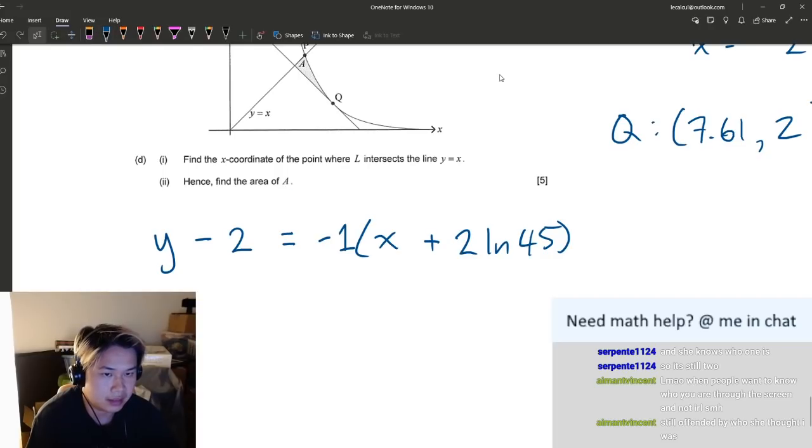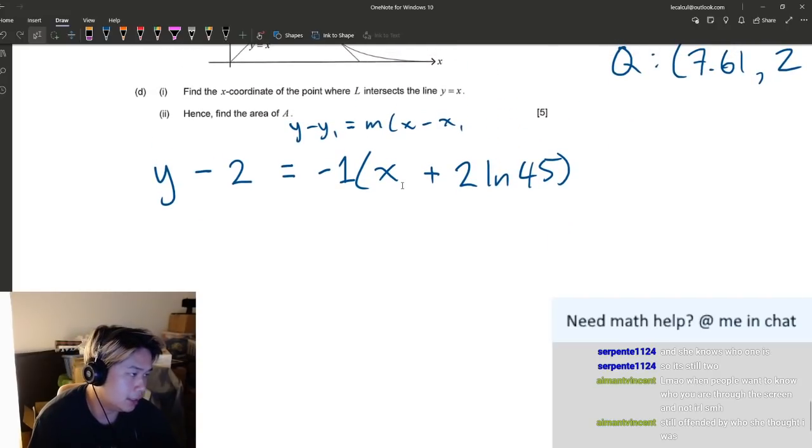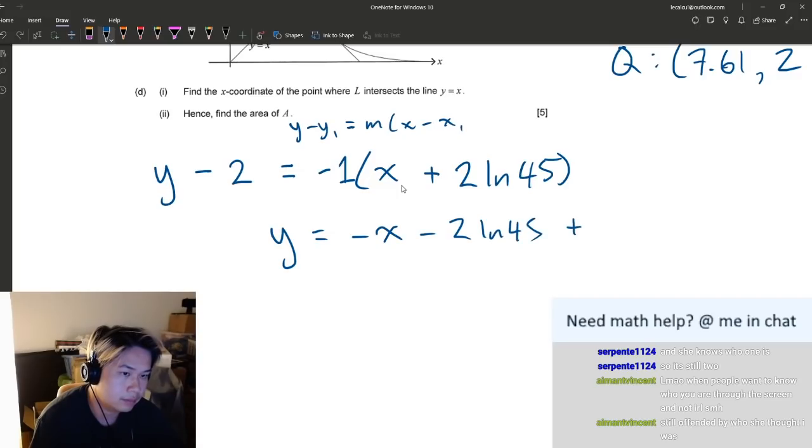So this is just y minus y1 equals m times x minus x1. Okay, and then all we do is rearrange it, and then you'll get what you want. And I think that's what you wanted to show.